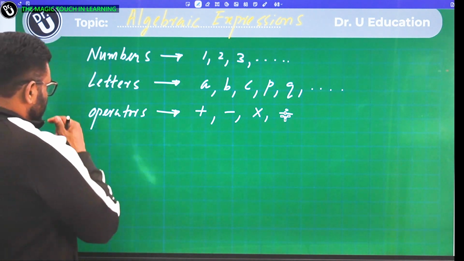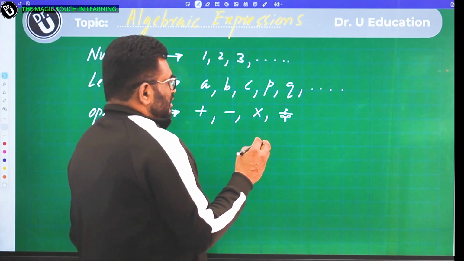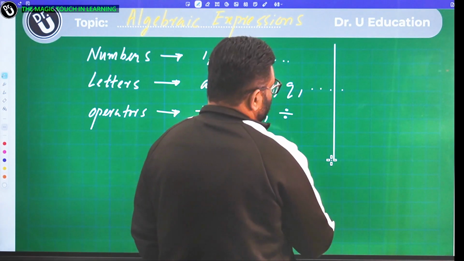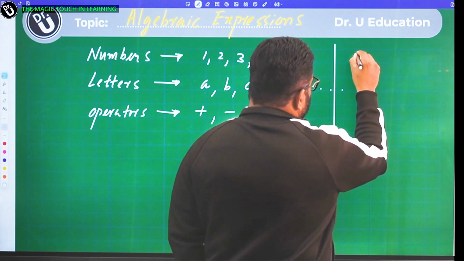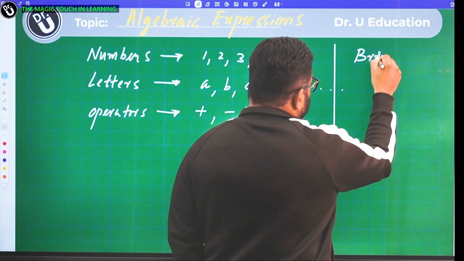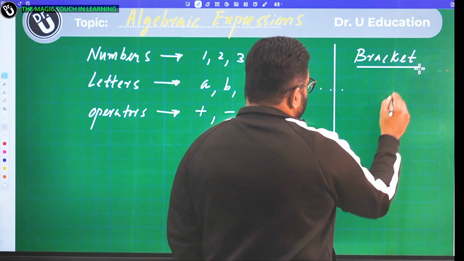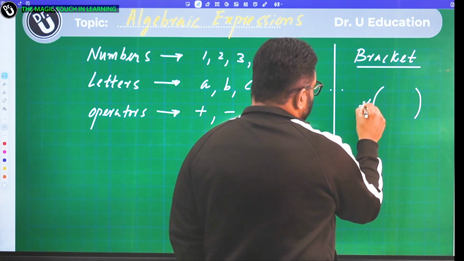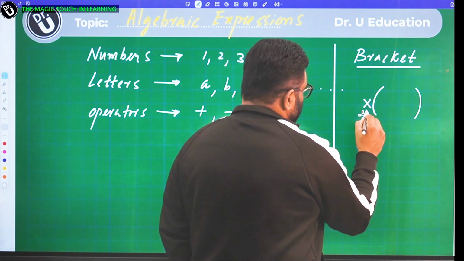Also in math, we have another important property we call a bracket. Bracket is a very important property. What is a bracket? When you have a bracket, by default you have a multiplication in front, right?